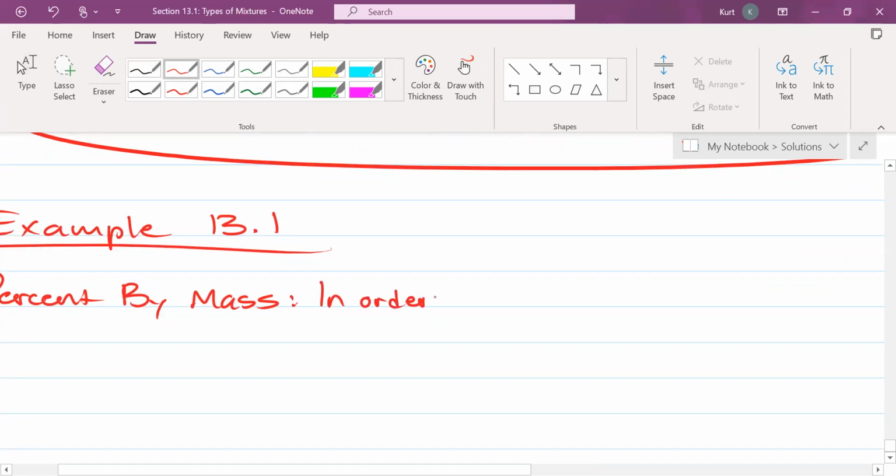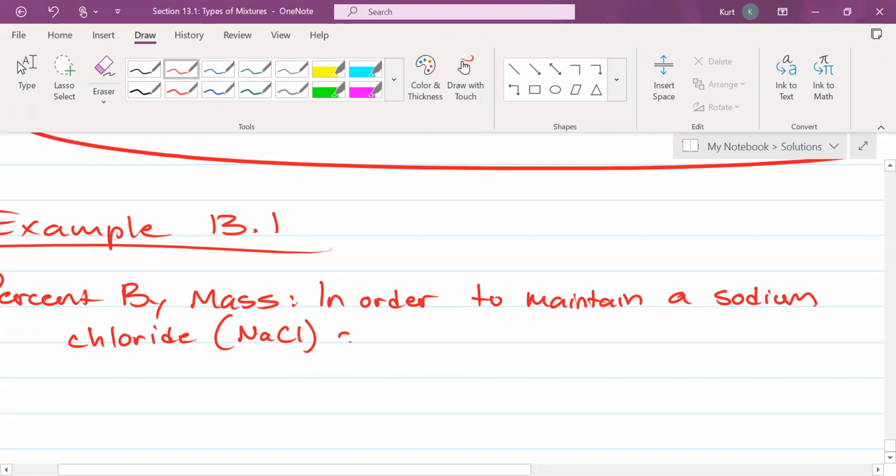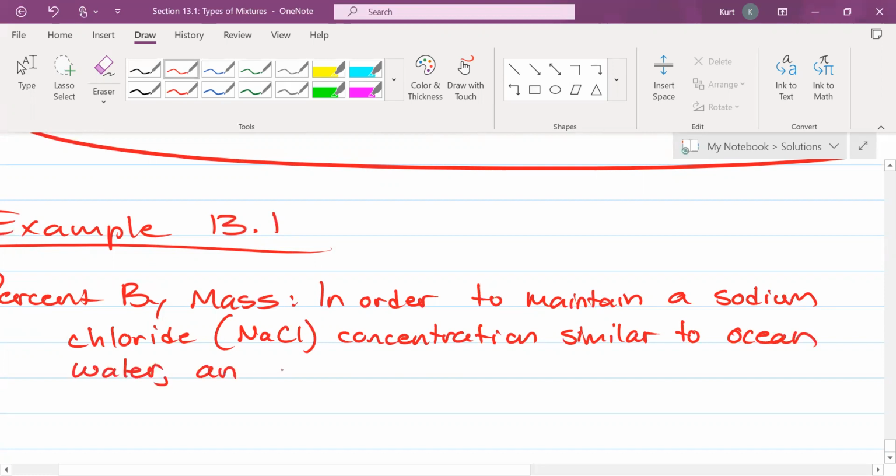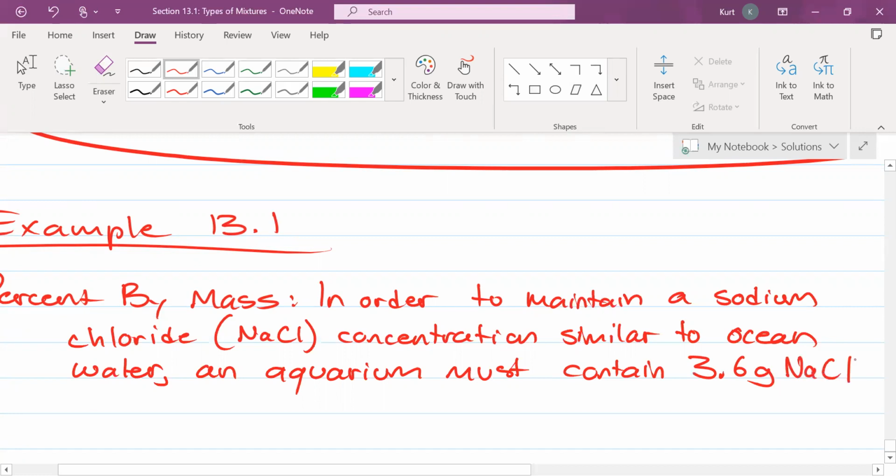In order to maintain a sodium chloride, which is NaCl, concentration similar to ocean water, an aquarium must contain 3.6 grams of sodium chloride per 100.0 grams of water, which is H2O, obviously.